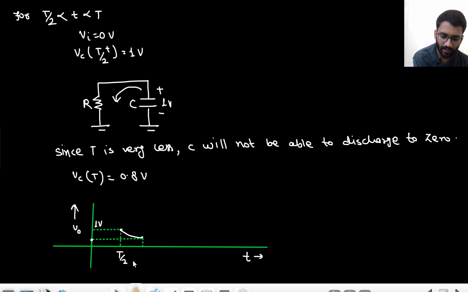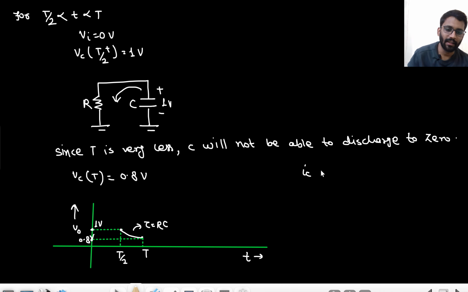This is T by 2 and this is T. This was 1 and it is discharged to 0.8 volt. And the time constant is RC.